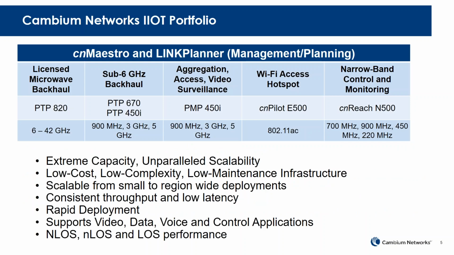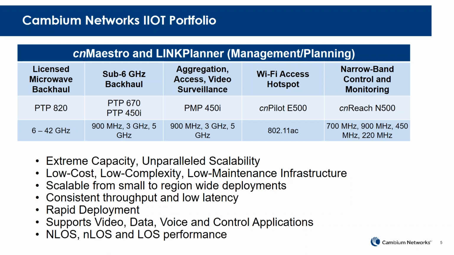So when we look at the IIoT portfolio, we're really looking across a subset of the complete Cambium portfolio. This is sort of the individual sleeves of products that we focus on when we talk about industrial. Starting on the left there, we have our P2820, which is a licensed microwave product. This is useful for delivering multiple gigabits per second in a ring or point-to-point topology, so lots of capacity into remote areas.